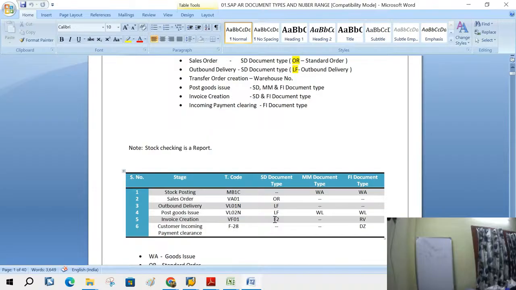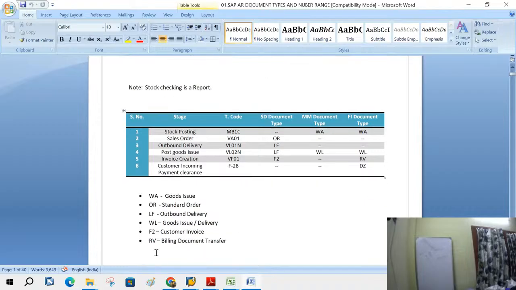In VF01, I'll have two documents. One is your SD, the document type is F2, and from F2, I have to take my RV. RV is nothing but my billing document transfer. If you people have not known this, go back to the document and read it. Clear?